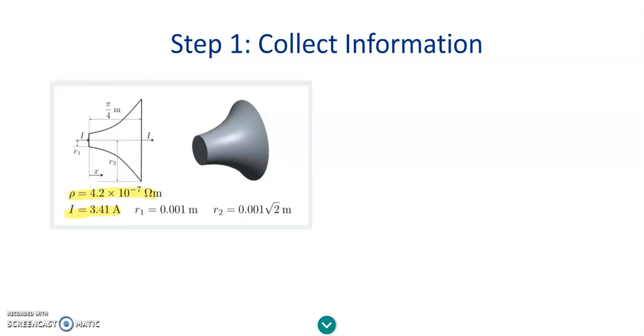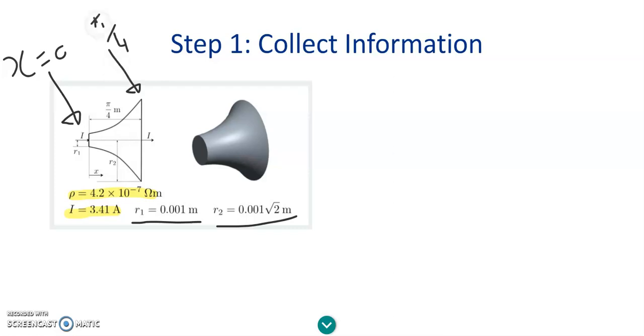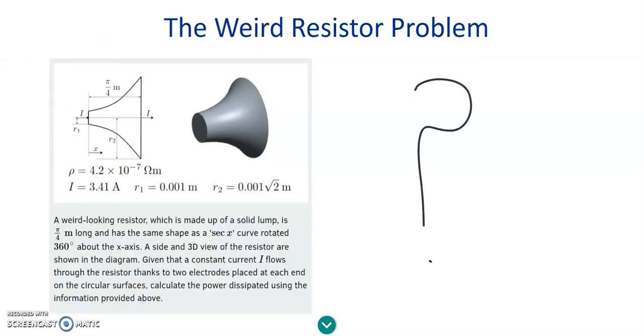But two key pieces of information on this page are the R1 and the R2 values. So we're going to call the start of this shape x equals 0, and we're going to call this point x equals pi/4. Now we're told that the shape looks like a sec curve, as you can see here. It says it's a sec x curve.